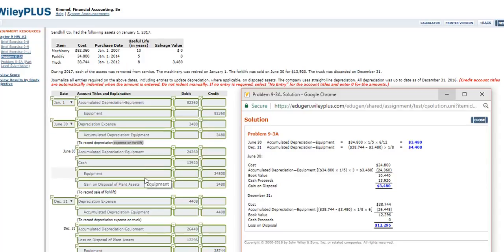Number 3, equipment. And number 4, gain on disposal of plant assets. Keep in mind that the first 2 are going to be in the debit column, and the last 2 are going to be credited.